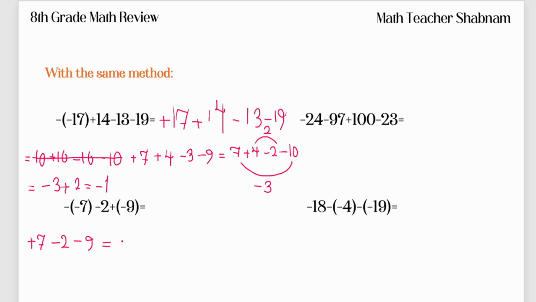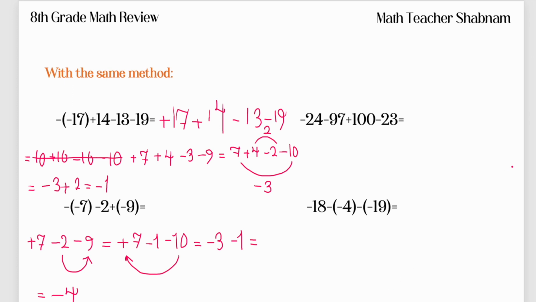How about we change the last two digits just a tiny bit? +7, -1, -10. I just added one of the negative ones to this -9. -10 and +7 gives us -3, and we have another -1. Therefore, the final answer is just -4.